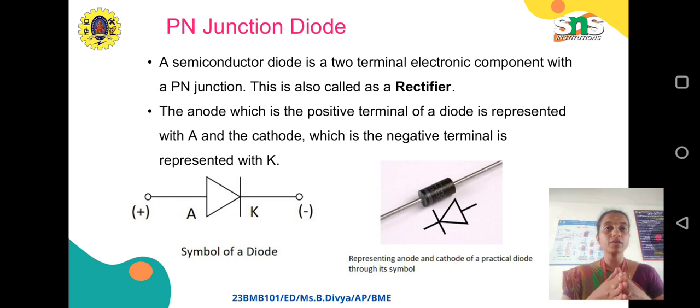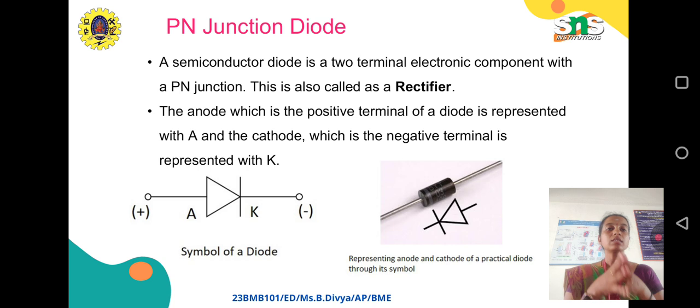In this video, we are going to see the structure of the PN junction diode, how the PN junction diode looks, how it works in practical consideration, and how the output will be produced by this PN junction diode.